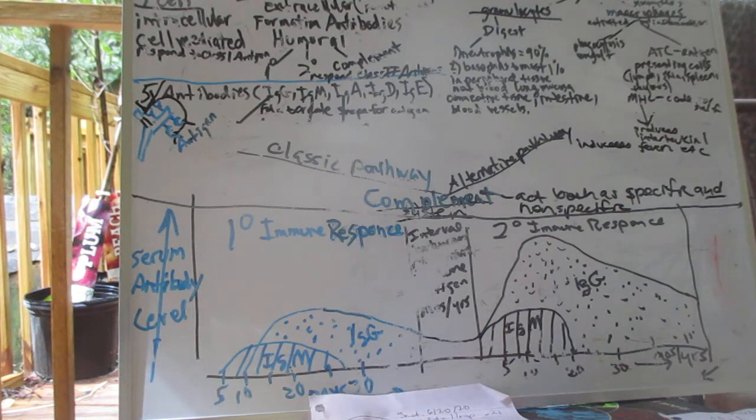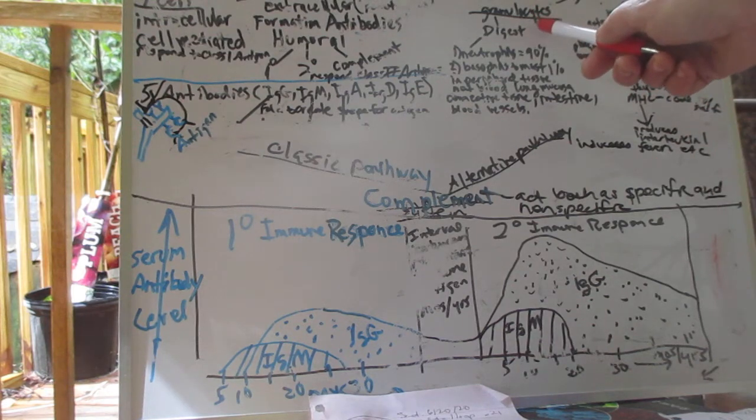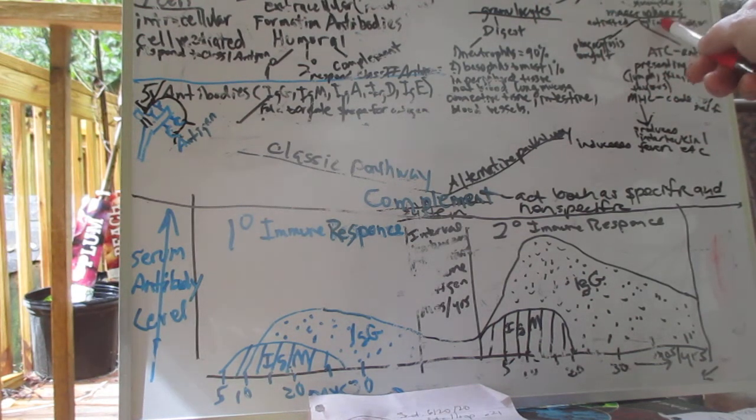In the non-specific immunity, the basis of non-specific cellular mechanism defense is centered on the ability of certain white blood cells to ingest and digest microorganisms. There are two types of white cells, granulocytes, like I said, and macrophages. Okay?